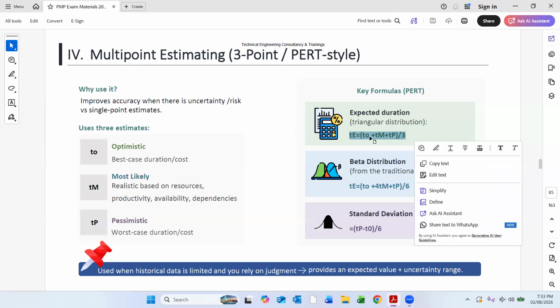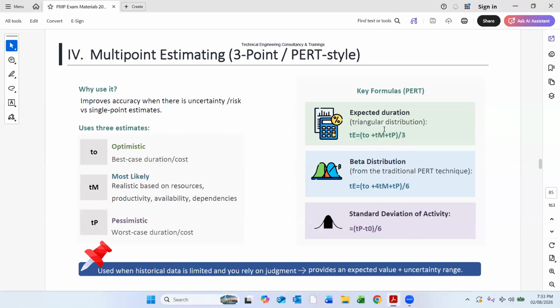If you are calculating time or duration, O is for optimistic, plus most likely, plus pessimistic, divided by 3. This is called the expected duration, and this is the triangular distribution.